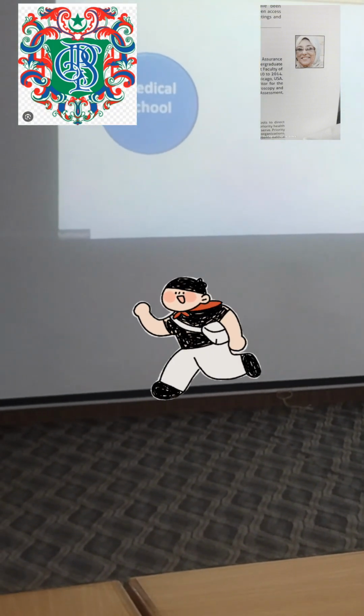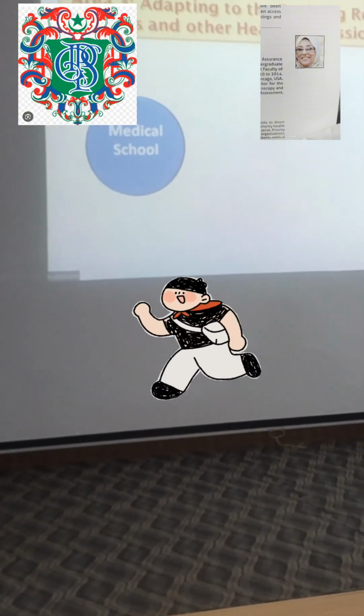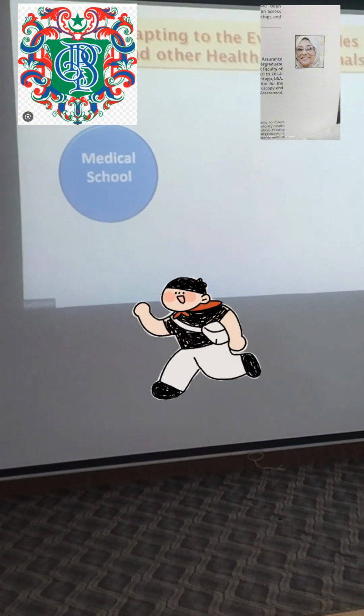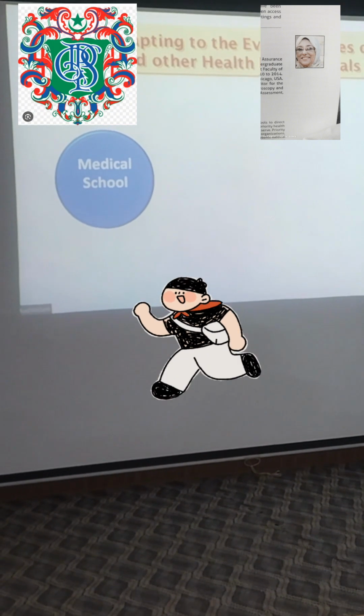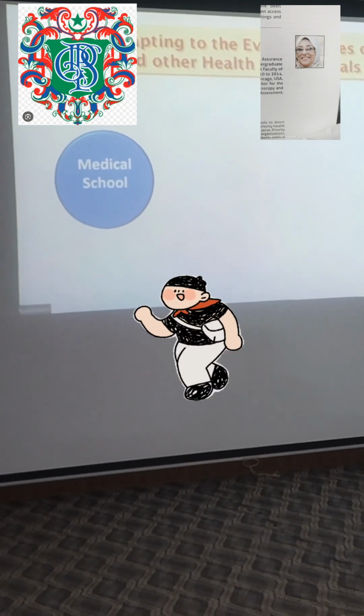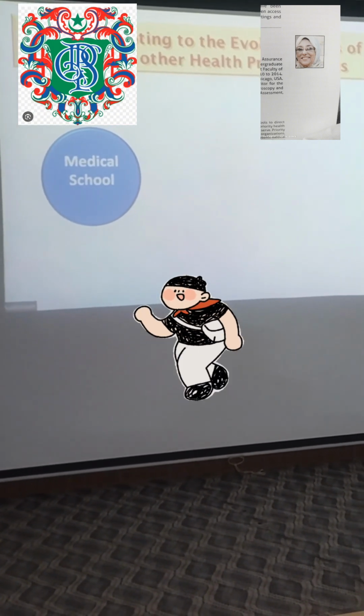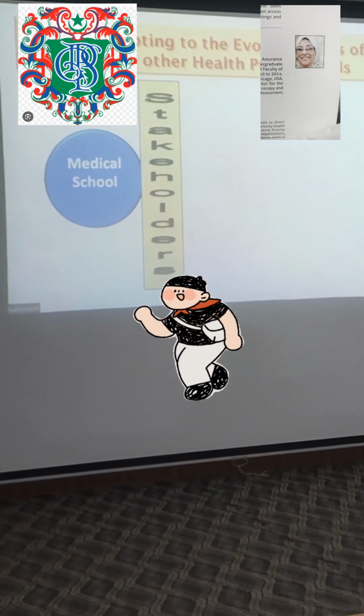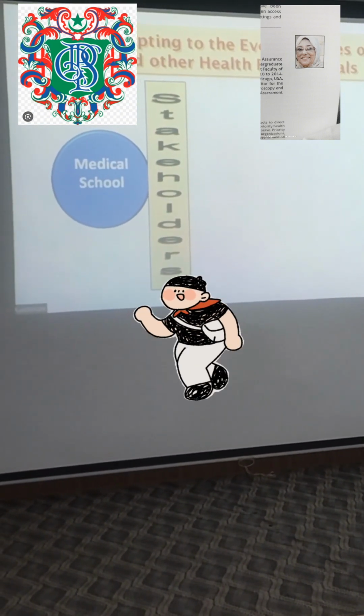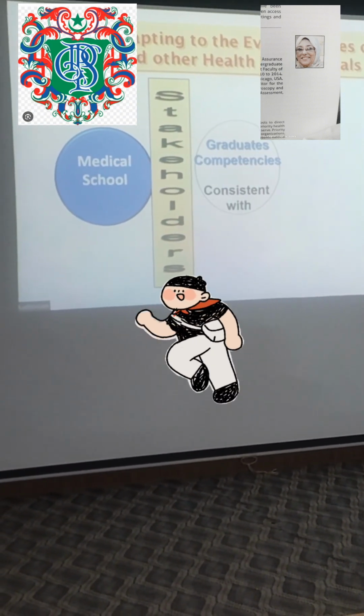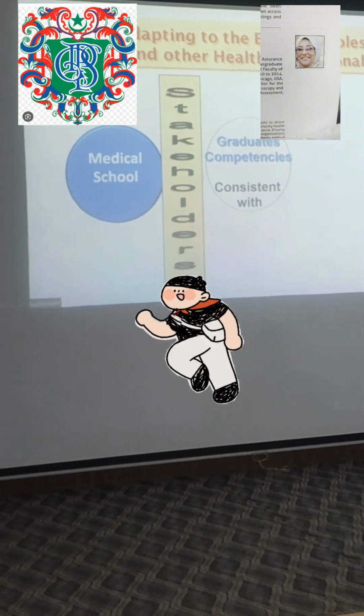So come to area 3, adapting to the evolving roles of doctors and other health professionals. The roles of health professionals are changing now. So the first sub-area here is that the medical school with its stakeholders should define the graduate competencies.